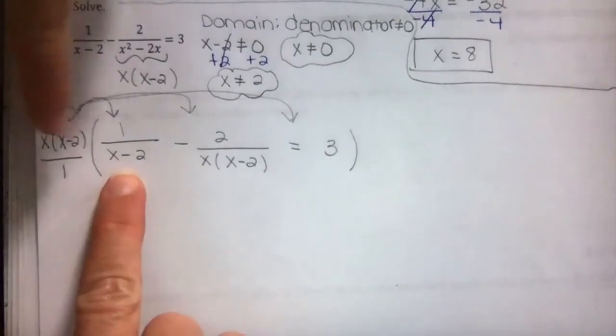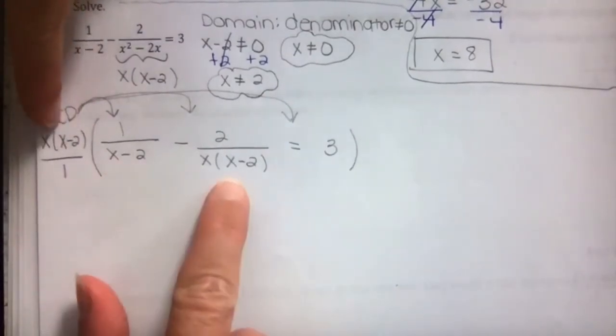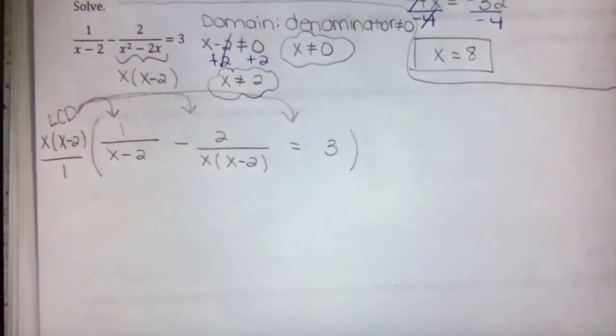So going from left to right, x - 2 has to be there, x has to be there, x - 2 is already there, so I don't need it twice. So our LCD is x times (x - 2).